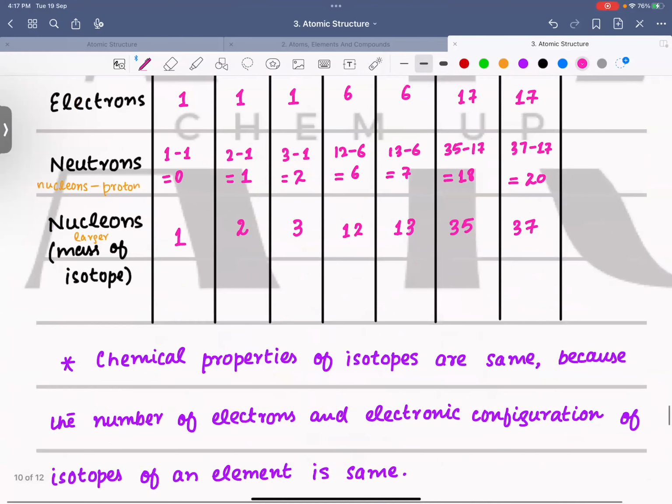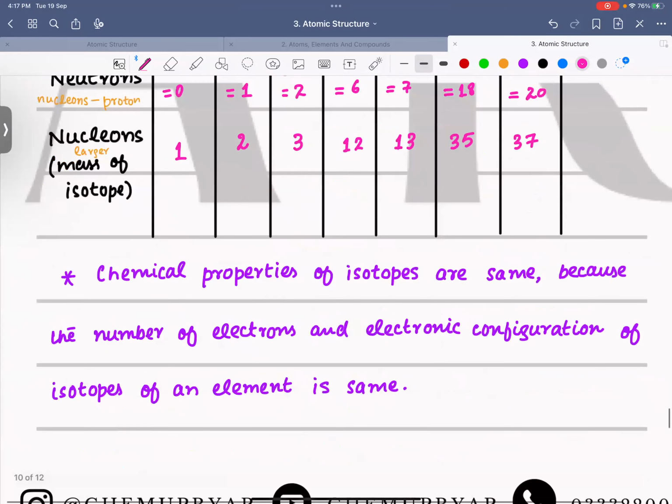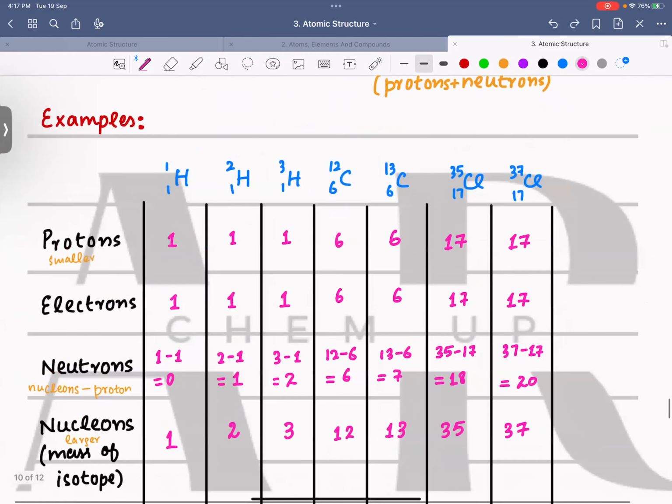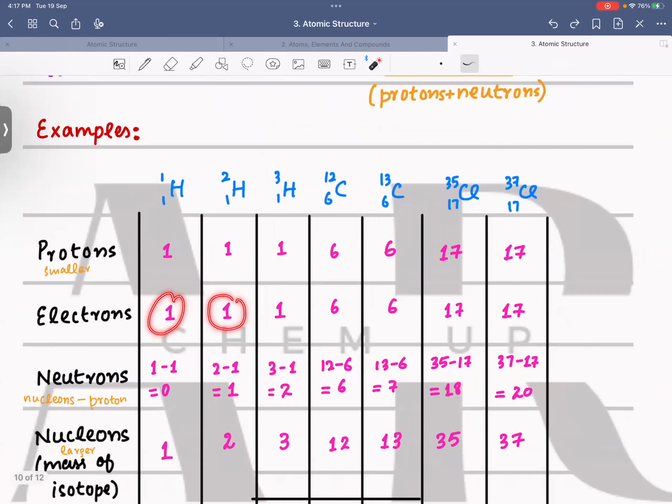So, when we discuss the chemical properties of these isotopes, they are going to be the same, because they have the same number of electrons and the same electronic configuration. See here, for all the isotopes of hydrogen, there is only one electron.